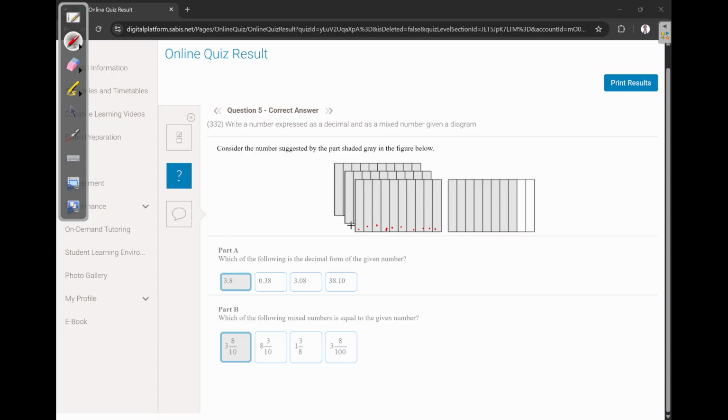So we now know it's 10. So there's 1, 2, and 3. So we know the whole is 3. And then we minus all of those. We plus all of those out over 10. And there's 2 left, so it's of course going to be 8.